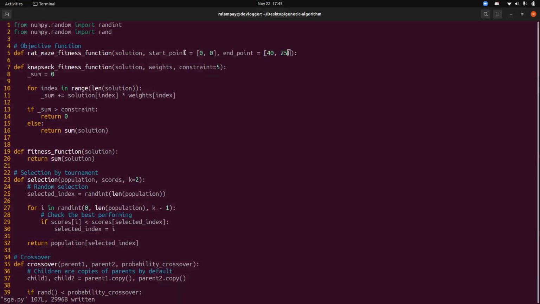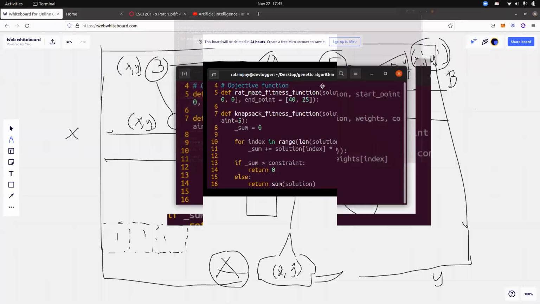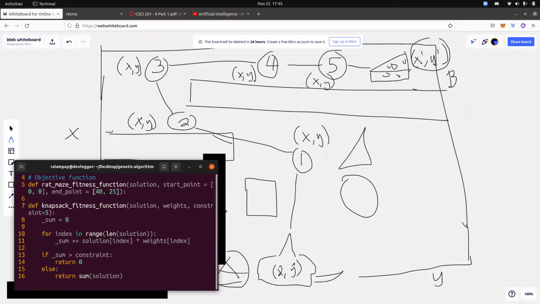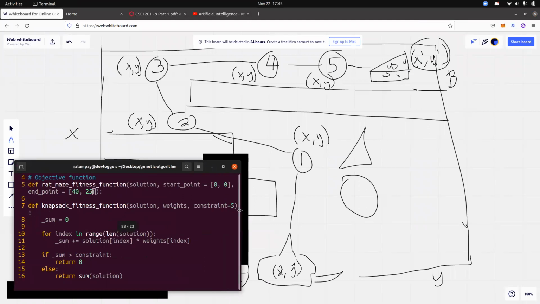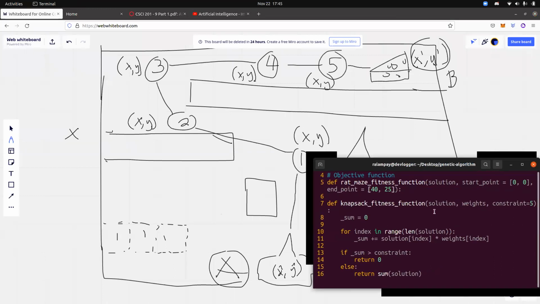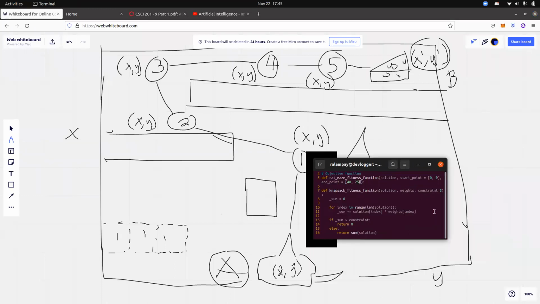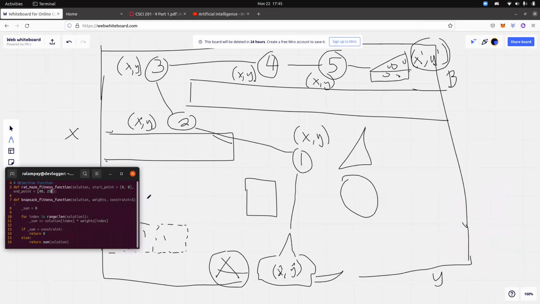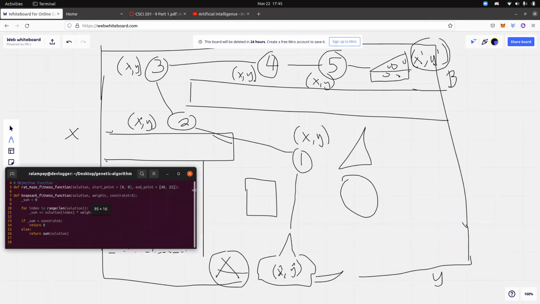So given that, what do you think the solution looks like? And what do we already know? We want to minimize the distance between point A and point B.